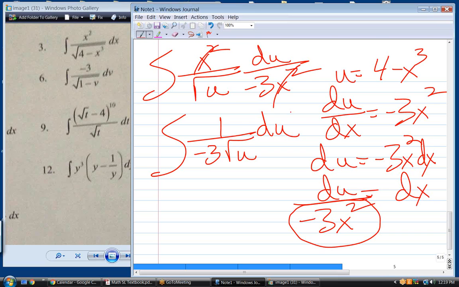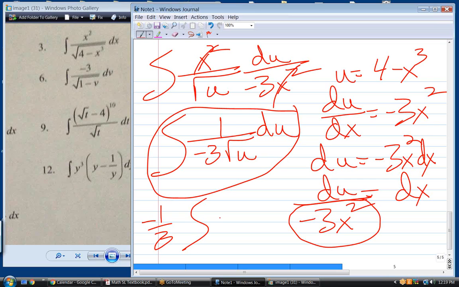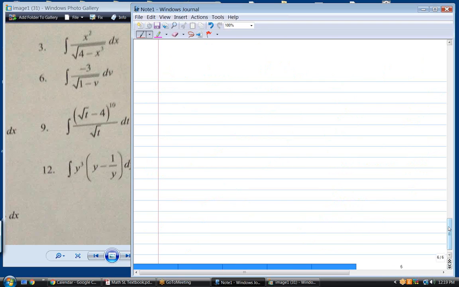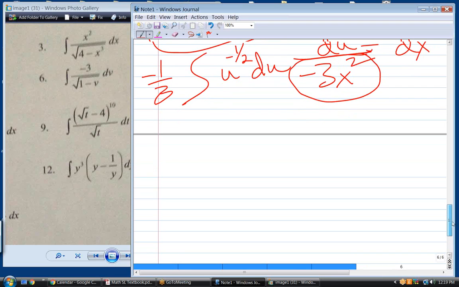Okay? I can do this because I can express it as a single polynomial. I can take the minus 1/3 out, if that makes you deal with it a little bit better. And you have u to the minus 1/2 du. With me? Yes. Take the integral of that. Now you can use the reverse power rule. What do you get?